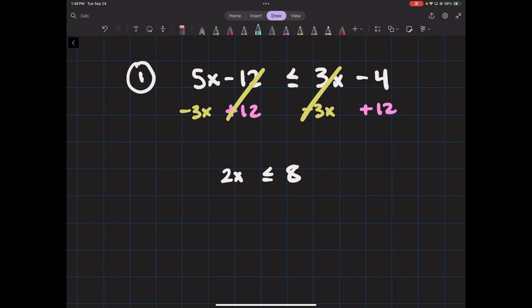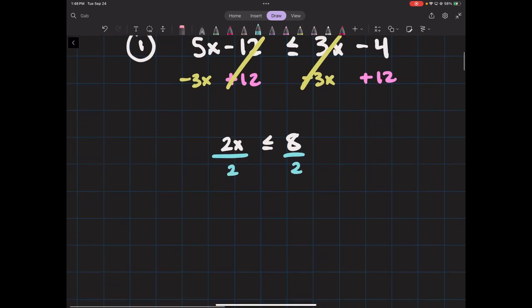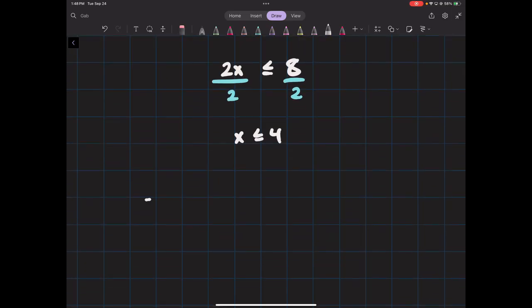And now things have become really simple. Divide by 2. And then you got x is less than or equal to 4. Right? Yeah. You have to graph it. Yes. Always. Whenever this entire chapter, yes, always.